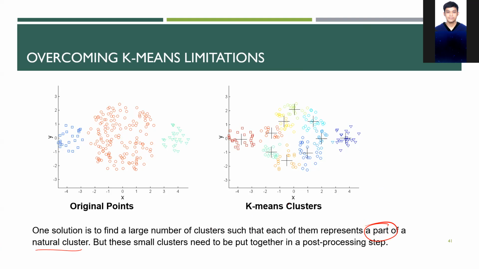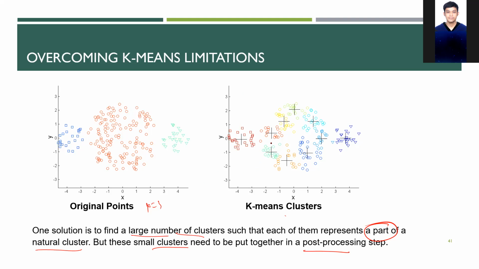Okay, so at first we set a large number of clusters, but then in post-processing we put small clusters together until we get the number of clusters that we want. For example, we want to have 3 clusters.